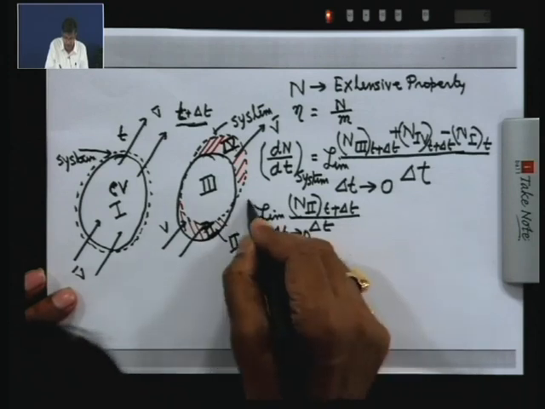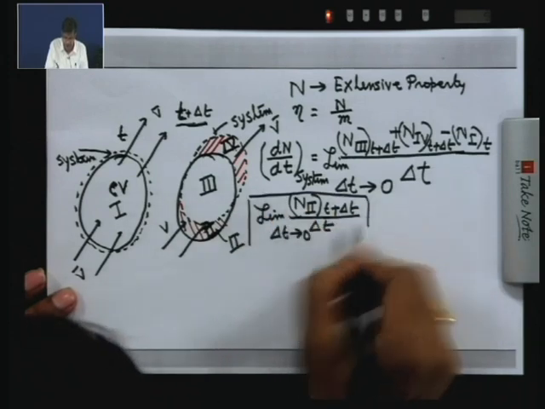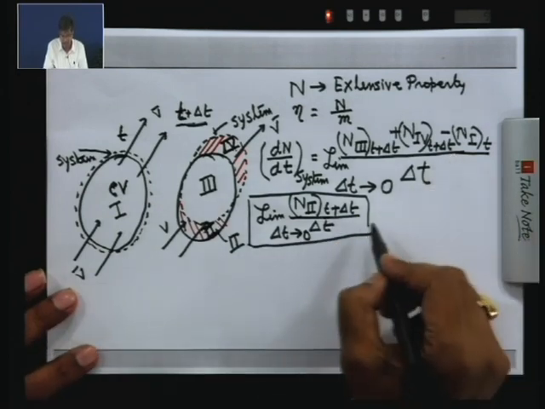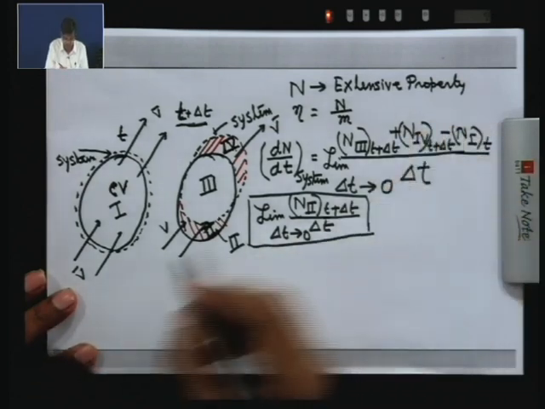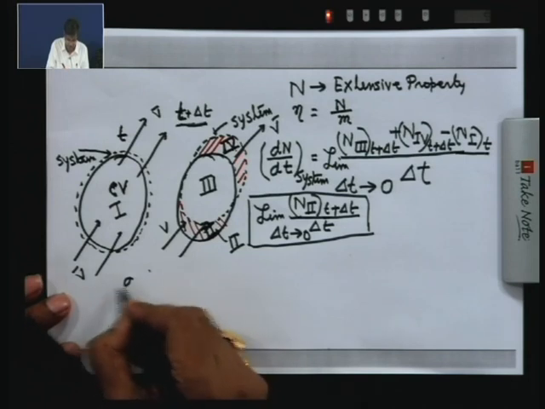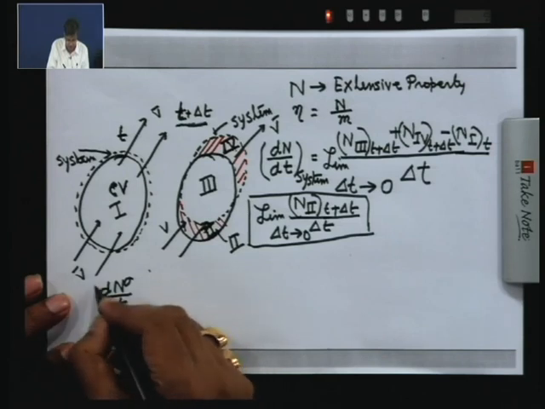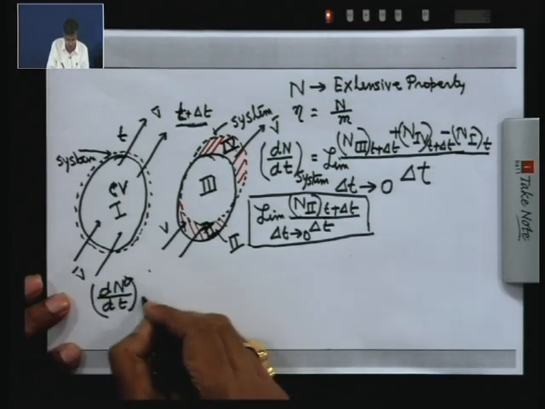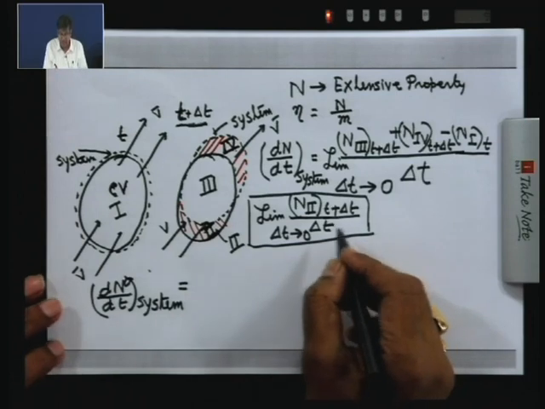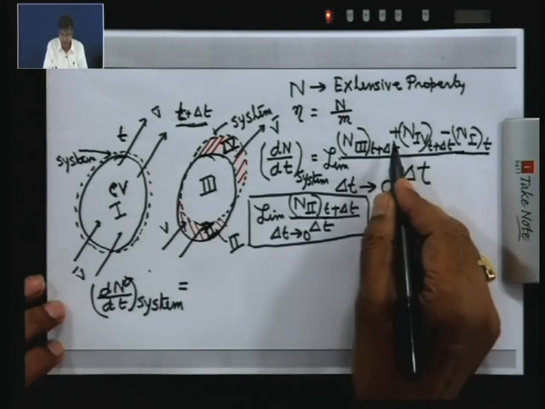That means I just add and subtract this one on the right hand side and rearrange the terms a little bit and write dN/dt of the system. Now I rearrange it in a way that I take this here and this out.